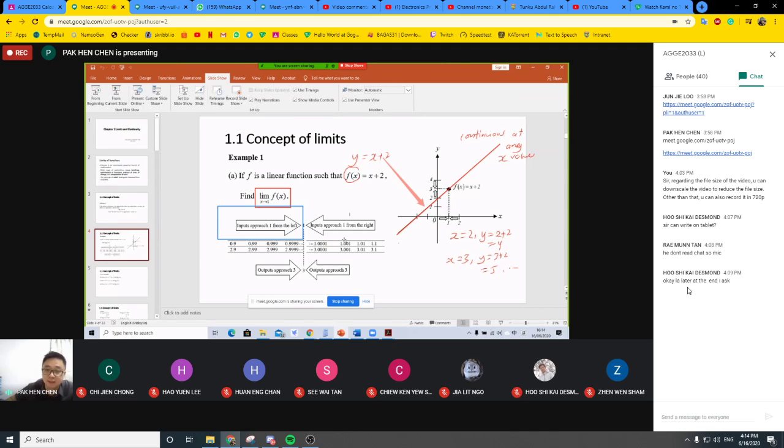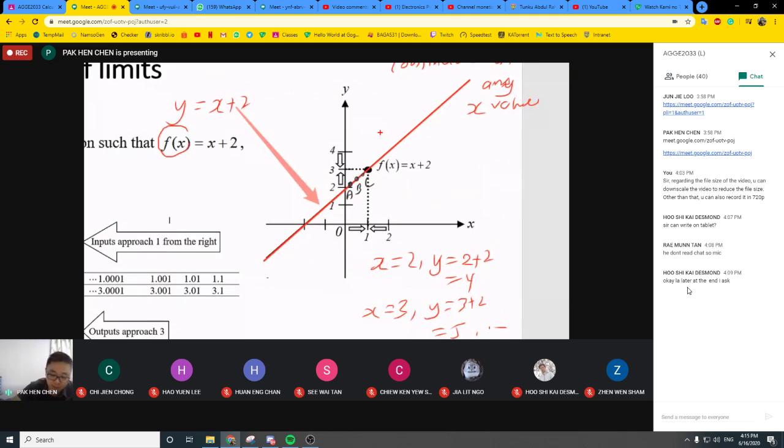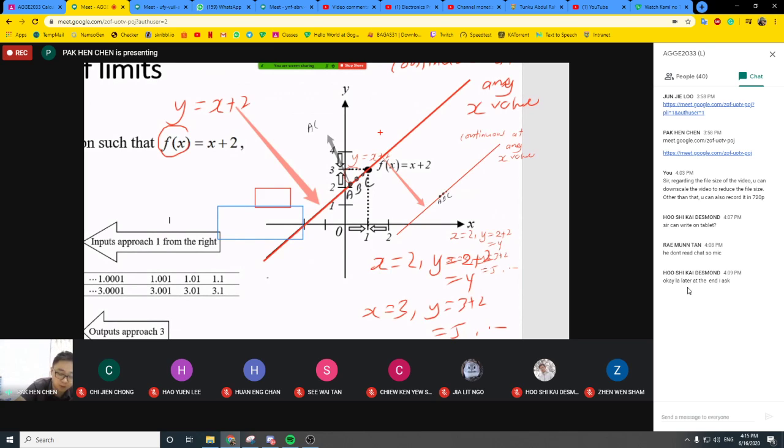When x is getting nearer to that value of 1, for example, I zoom in and put some points near it from the left: point A, point B, and point C. Point A, for example, is 0.9, so the corresponding y will be 2.9.